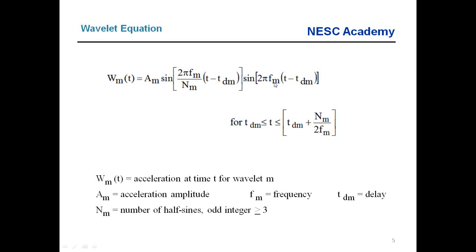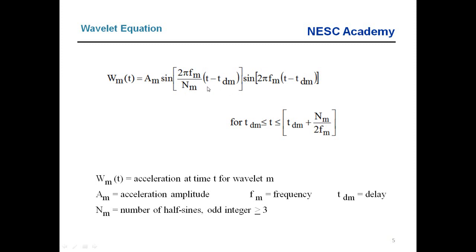What we're actually going to do with this series of wavelets is stagger them with some delay. Now, the first sine term that we skipped over modulates the amplitude of the second sine function. It has the same argument inside the brackets as the second one, except that in the denominator we have n sub m, the number of half sines, which is an odd integer greater than or equal to 3.